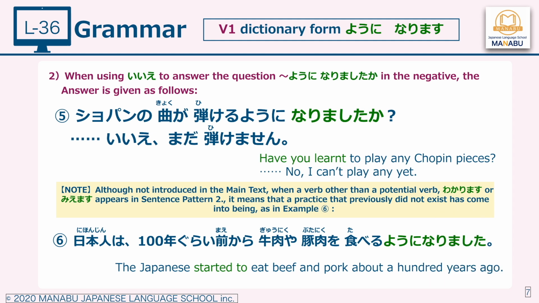Nihonjin wa hyakunen gurai mae kara gyuniku ya butaniku o taberu yo ni narimashita. So the Japanese, about 100 years ago, started eating gyuniku, beef, and butaniku, pork.